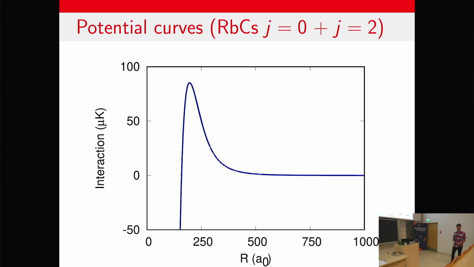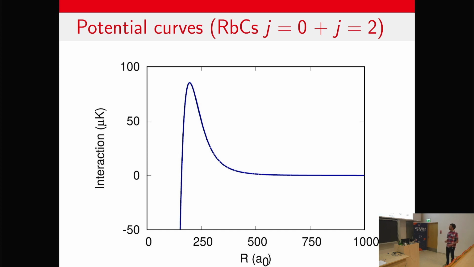On the outside you have this repulsive R-6 interaction, and then what determines the interaction here, which becomes attractive, is no longer dipole-dipole in second order, but it's really that dipole-dipole becomes dominant, and for the low potential curves, your dipoles just sort of interlock and interact head to tail, and this becomes attractive. So exactly what this potential looks like depends on the dipole moment and rotational constant of the molecule.